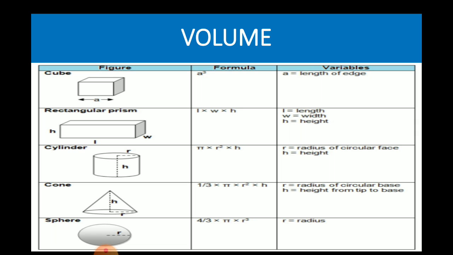For a cylinder, that is pi times r squared times h, where r is the radius of the circular face and h is the height. For a cone, that is 1/3 times pi times r squared times h, where r is the radius of the circular base and h is the height. Then for a sphere, we have 4/3 times pi times r cubed, where r is the radius.